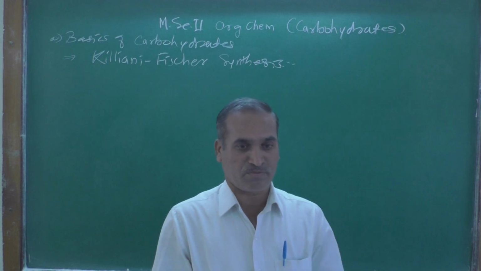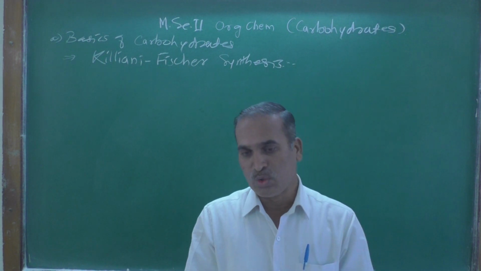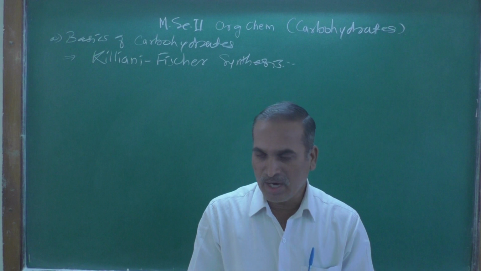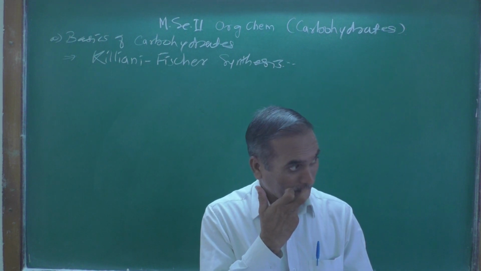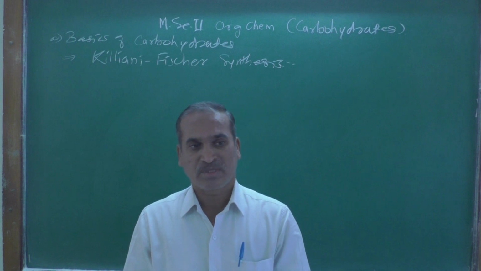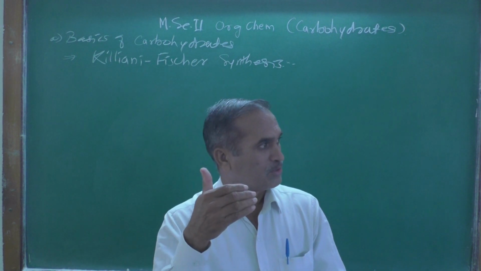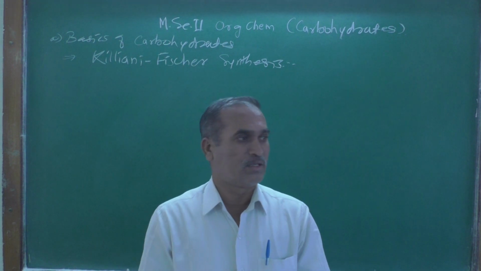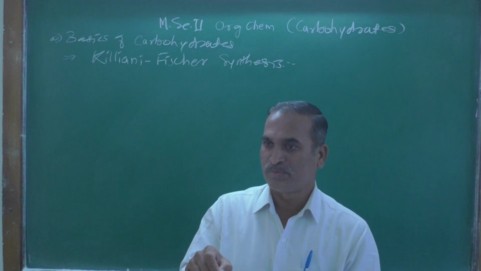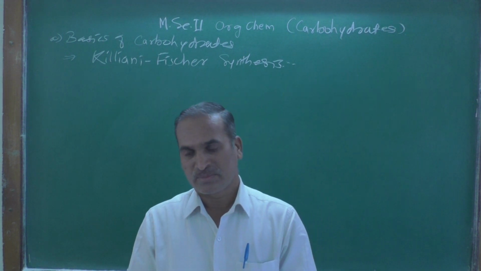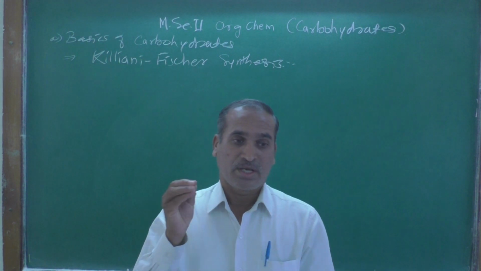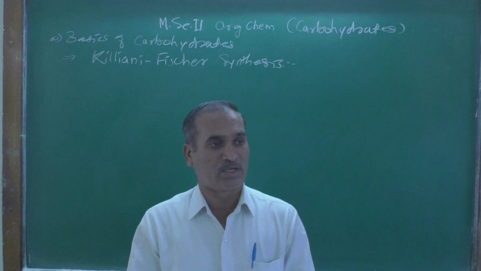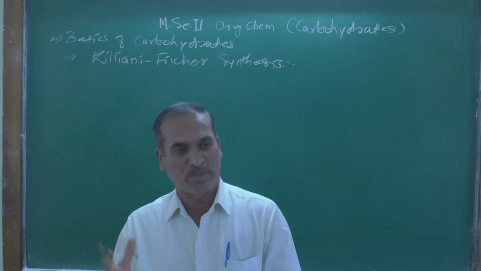In the Fischer projection formula, there are certain rules to represent carbohydrates. Rule number 1: the carbon chain is written or shown vertically with the one oxidizable group at the top. That is rule number 1.